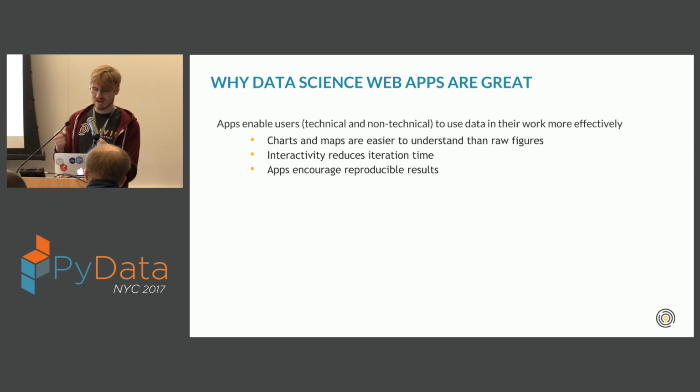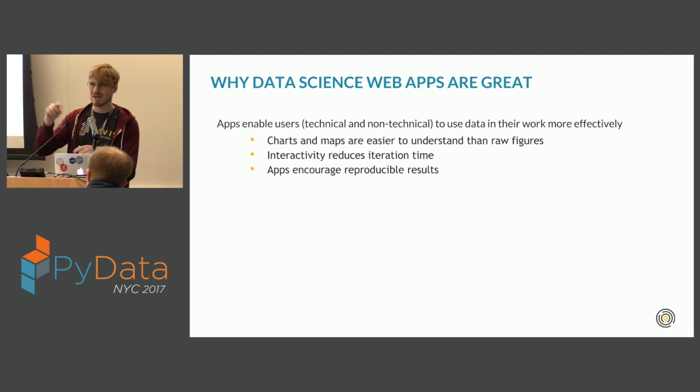There's interactivity in web apps, and this is great because before, if you just sent somebody one chart, they might say, oh, that's great, but what if I were to look at that among just this kind of person or this filter? And you'd have to send that person a question, and then they would misunderstand the question, and it would take a long time going back and forth.